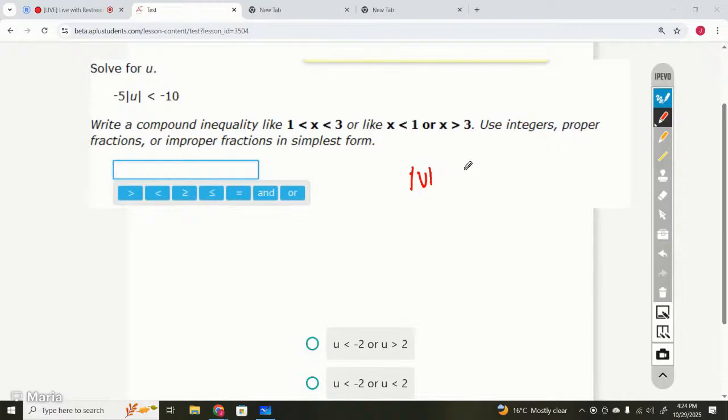That is negative. Absolute value of u is less than 2, right? We have two solutions. u is less than 2, negative u is less than 2. u is less than 2, u is greater than negative 2.